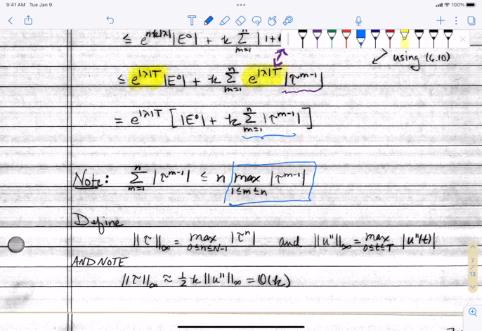But what I want to do here is replace this with something simple notation-wise, and we're going to call it the infinity norm. It's just so that we can make everything look nice mathematically. Actually, I should say it's the max of the absolute value of the local truncation errors at each time step. So that's going to be called my infinity norm of tau. And then we're going to use the infinity norm of u double prime.